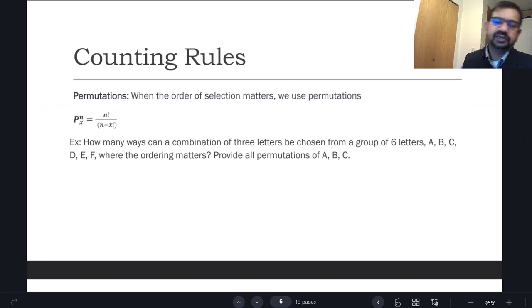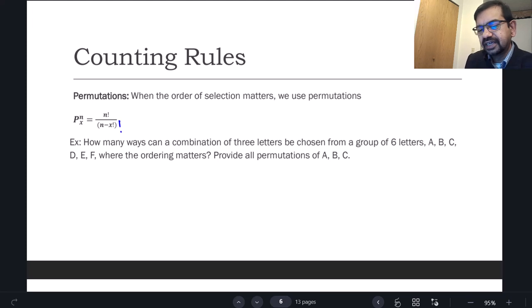So the second counting rule is permutation. Permutation is when the order of selection matters. So we now have distinct groups from a collection of 6 letters. So we write this as nPx, or n factorial divided by n minus x factorial. So unlike the combination where we had another factor, x factorial, we do not have that.